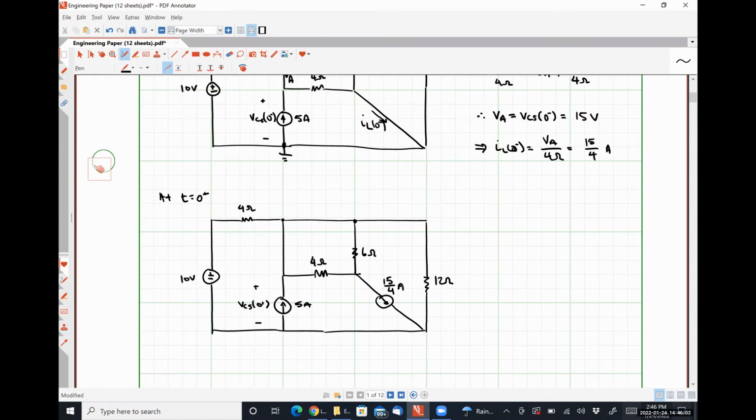There are definitely 4 meshes in here, and we don't have any current sources on the perimeter of the circuit, which means we're going to wind up with 4 equations and 4 unknowns. While I know that I've probably convinced at least half of you to buy the calculator that can solve that system, I know that some of you are still rocking TIs that can't do it. I believe nodal analysis will get exactly what we're looking for here, but I just want to verify things by identifying my nodes.